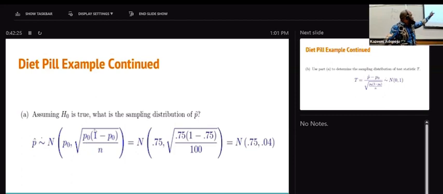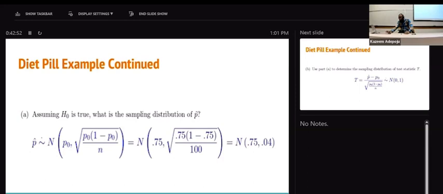It's going to be the square root of P times 1 minus P divided by N. Now, when you plug in 0.75, don't forget where the 100 is coming from. That is the sample size. Then it means your P cap follows a normal distribution with a mean of 0.75 and a standard deviation of 0.04. But don't forget the estimate of that P cap is 0.65.